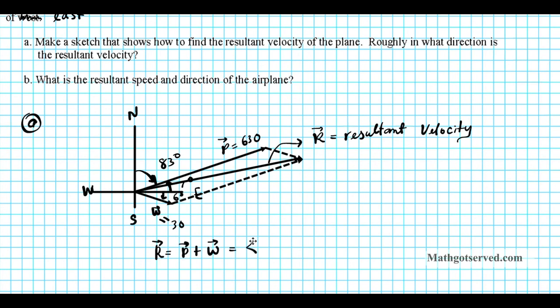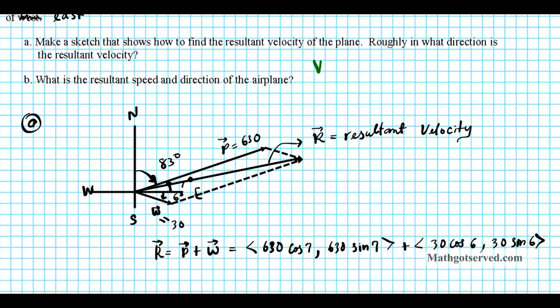The plane's vector is 630 cosine 7, comma 630 sine 7, plus the wind's vector, which is 30 cosine 6, comma 30 sine 6. Remember how to break up the vector into components. Let's look at that real quick.